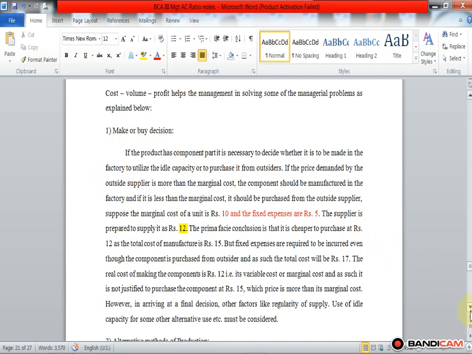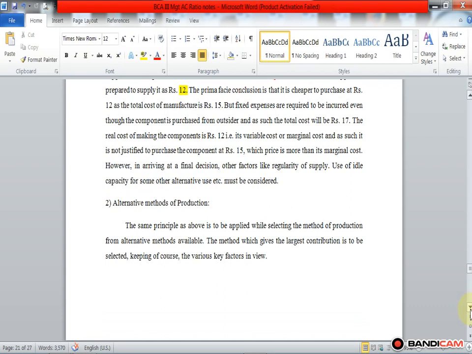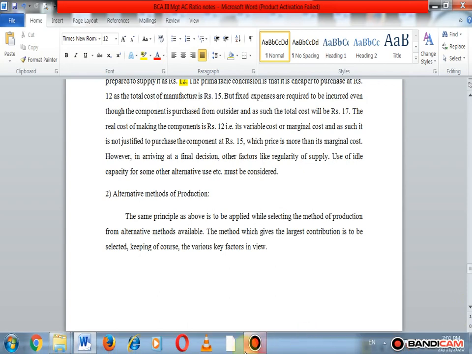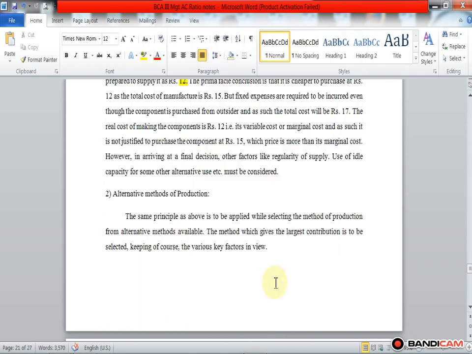Okay, and the second one is the alternative method of production, or alternative course of action. The same principle as above is to be applied while selecting the method of production from the alternative methods available. The method which gives the largest contribution is to be selected, keeping, of course, the various key factors in view.